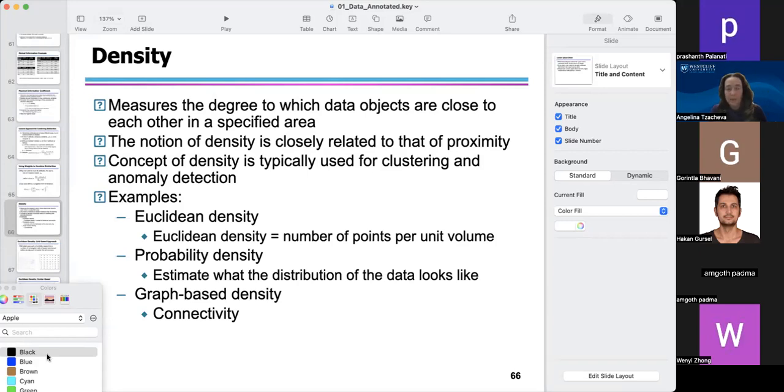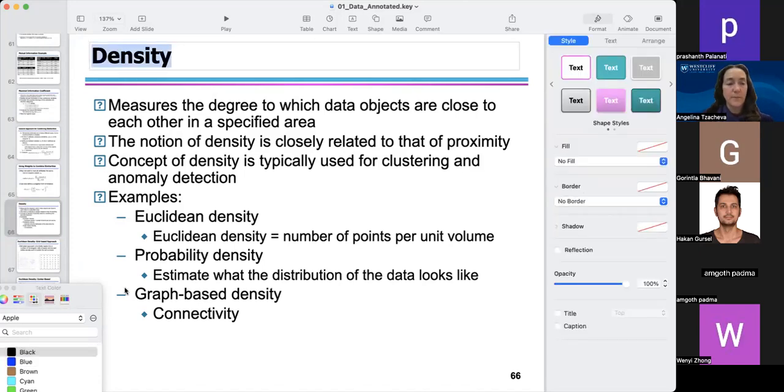So, as we explained last time, we are plotting our objects into space for visualization purposes. So if we have, for example, two attributes, each one of those is a dimension, and we use the value for that attribute to plot the object.